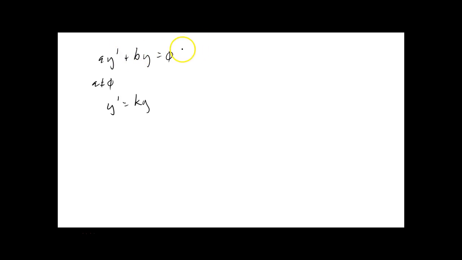Let's subtract b y from both sides, and you get a y prime is equal to minus b y. Divide both sides by a because it can't be 0. And you have y prime is equal to some constant times y. Okay. The constant happens to be minus b over a, but who cares? It's just a constant. Okay?